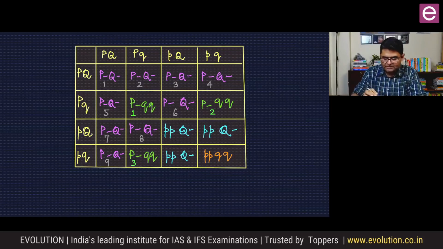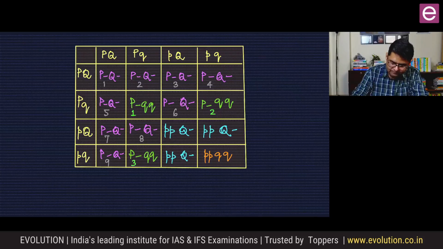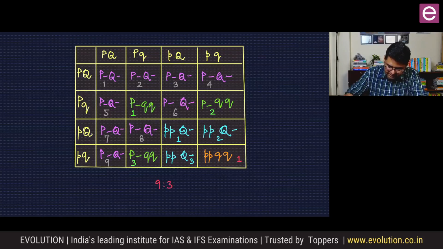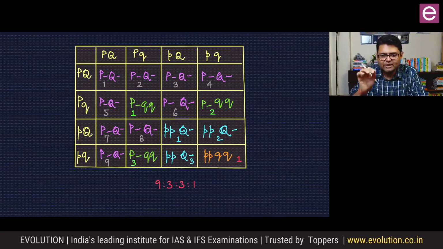So 9, 3. Okay. Then we have got 1, 2, 3. So 9, 3, 3. And then we get 1. So what have you gotten? 9, 3, 3, 1.